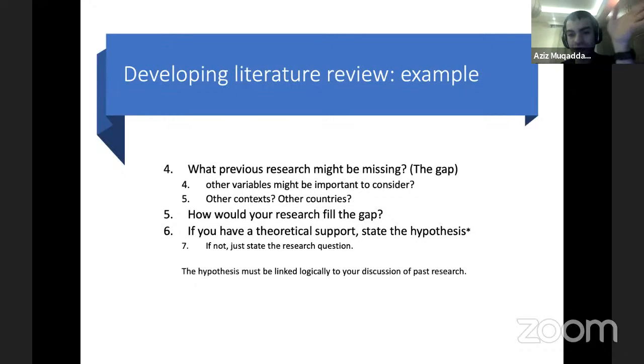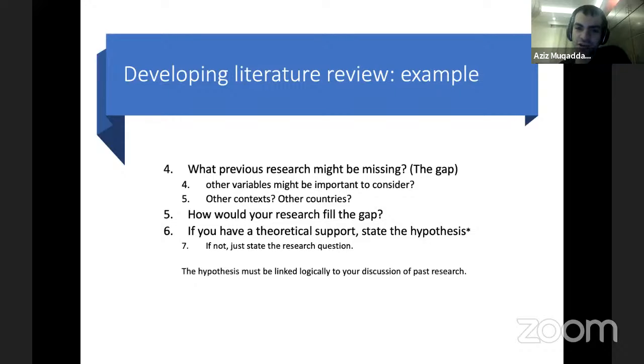So why don't we look into the effects of celebrity endorsements on politics on social media, right? So you synthesize different parts, saying, okay, here's what has been done, here's what I should be doing because it's missing.